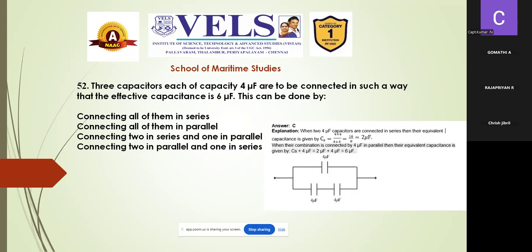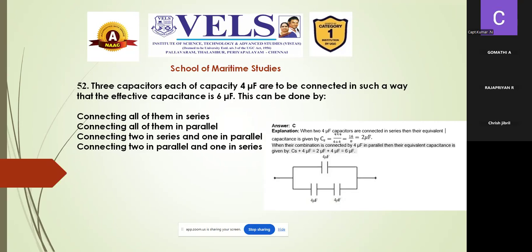Now we are going to the third option. If we connect two capacitors in series and one capacitor in parallel, first we find the equivalent capacitance in series. 1 by Cs is equal to 1 by 4 plus 1 by 4, which is 2 by 4, equal to 1 by 2, so Cs is 2.